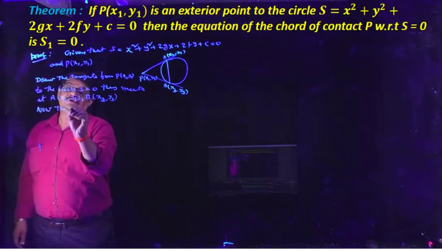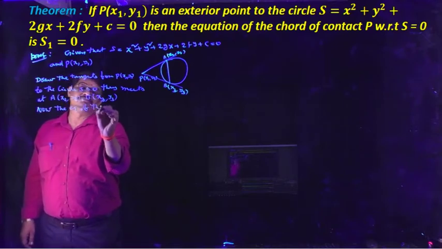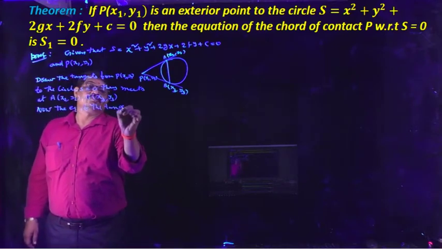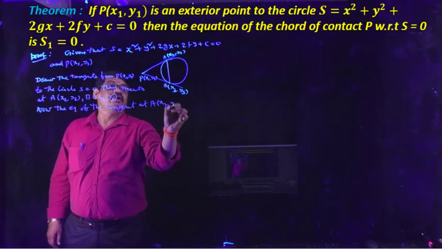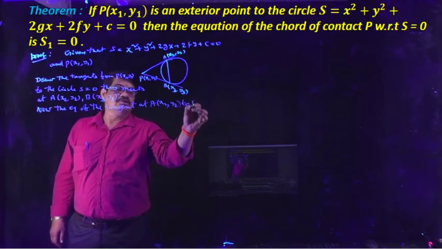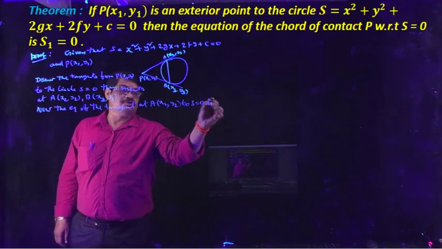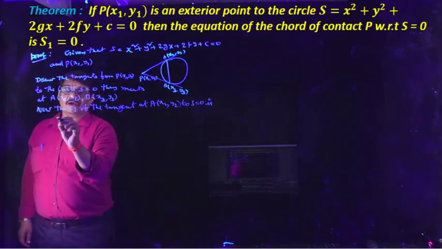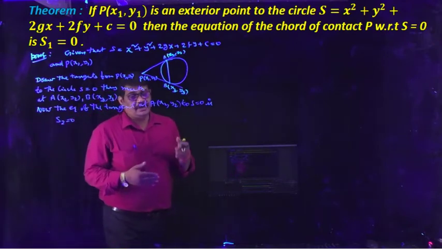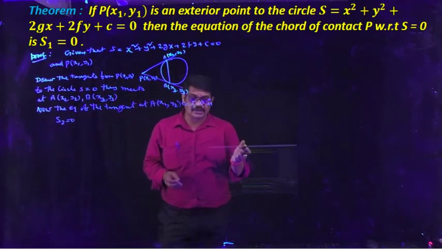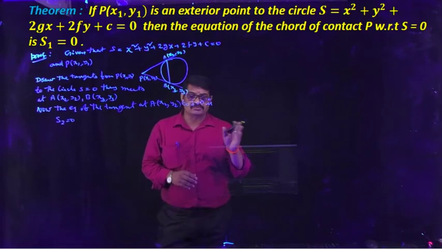Now the equation of the tangent at A of x2, y2 to the circle S is equal to 0 is S2 is equal to 0. The equation of the tangent at x1, y1 to the circle S is equal to 0 is S1 is equal to 0.